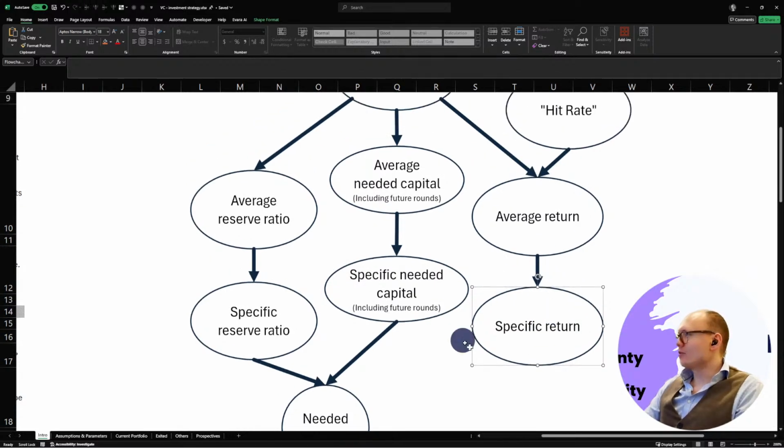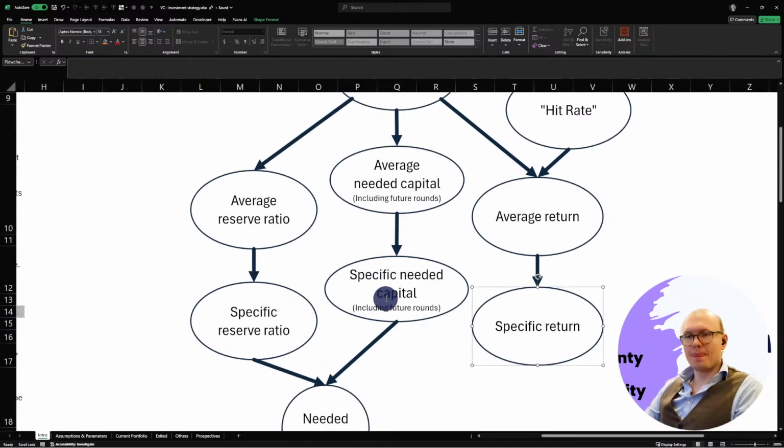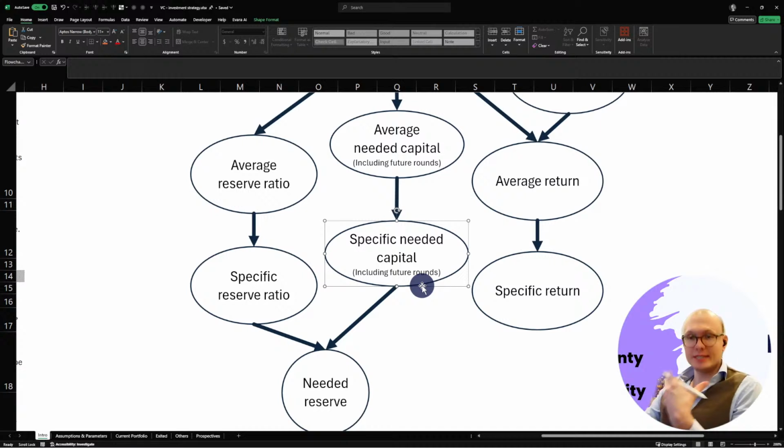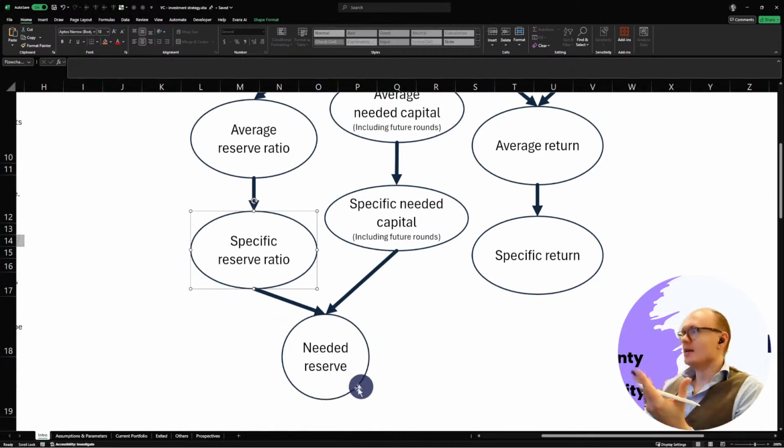And then how does that affect everything else in the entire graph? Including also knowing the specific amount of capital needed for those companies, the specific reserve ratio that we were calculating and predicting, and so on and so forth.